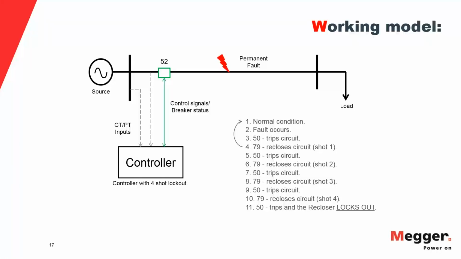In this case, well, the utility has to send somebody there to check, see what was the reason for the fault, clear the fault, do whatever repairs are necessary, and then put everyone back in service.